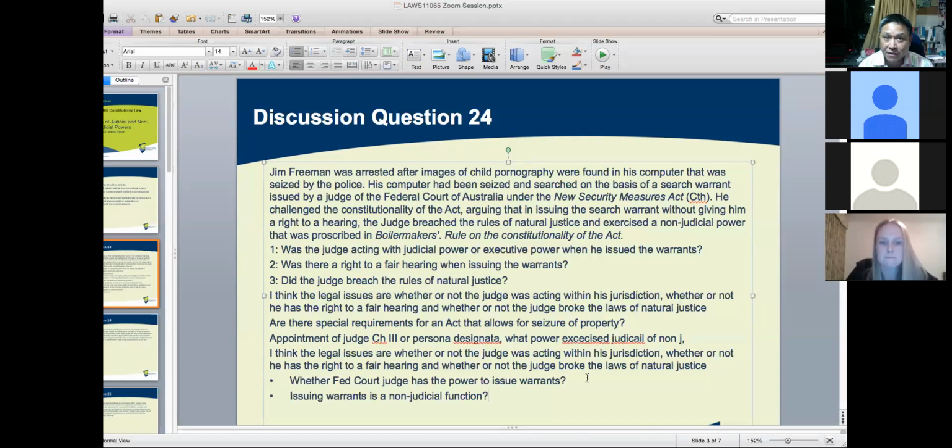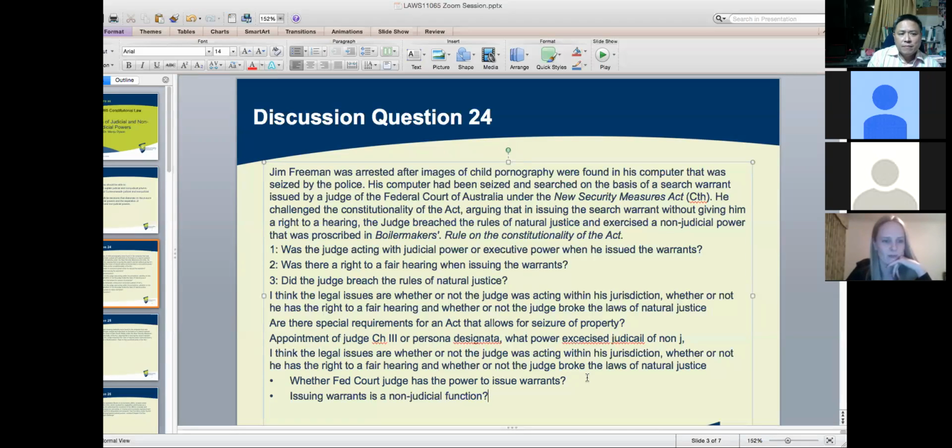Did you identify a third one? No. Oh yeah, sorry, I just unmuted. So does the federal court judge have a power to issue warrants? Issuing warrants is a non-judicial power. And no, I think that was it actually. Sorry, okay.